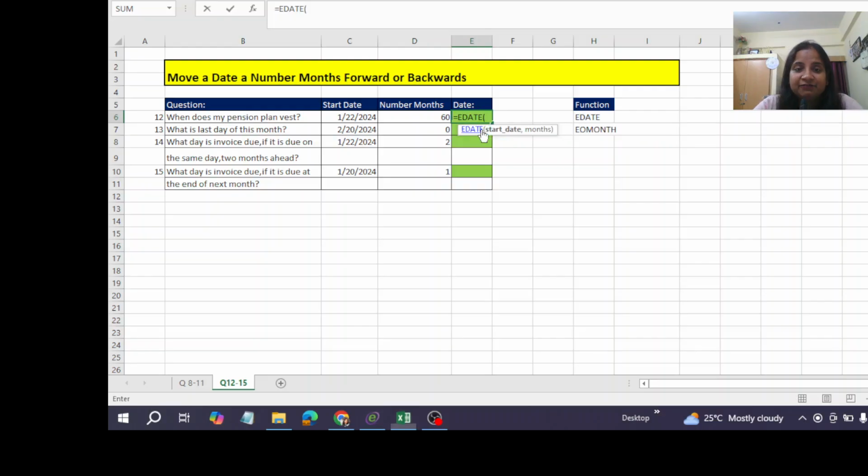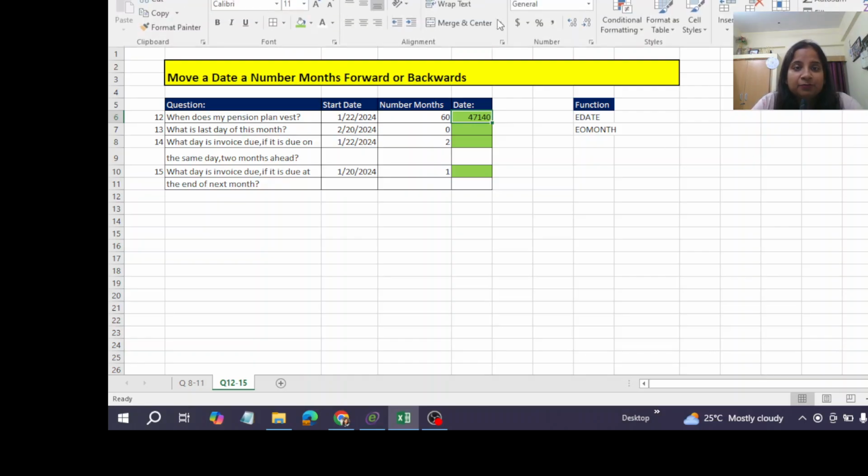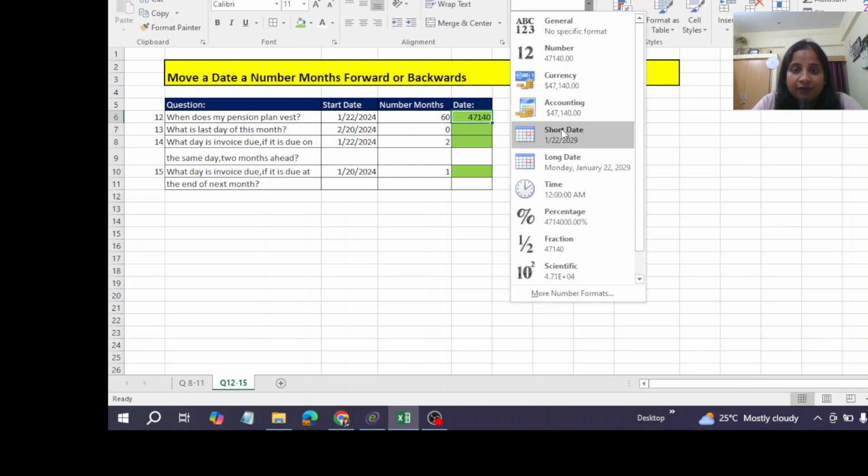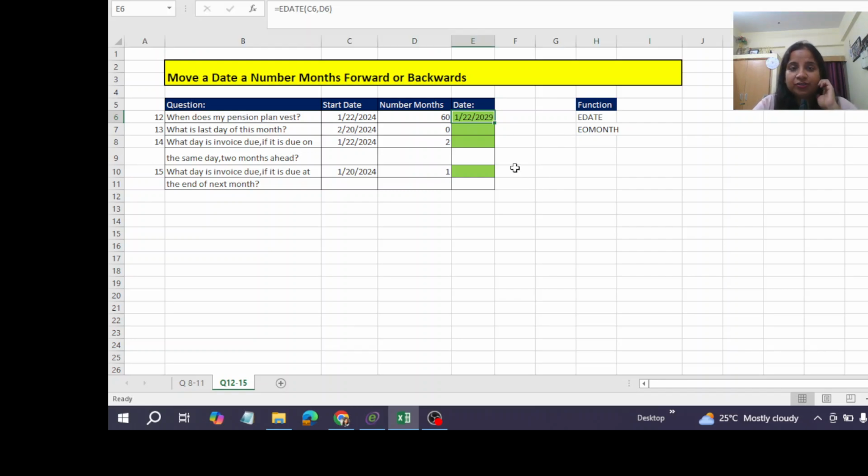EDATE is the function which will help us: start date, comma, months, close the bracket, control enter. See, it is capturing in general format. We have to change it. So it is 22nd of January 2029.